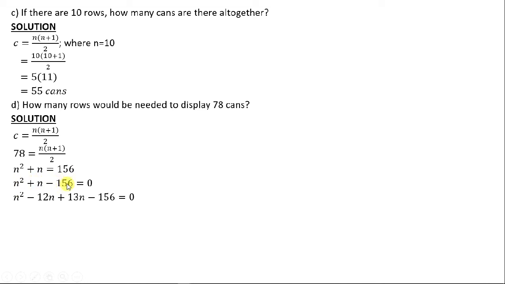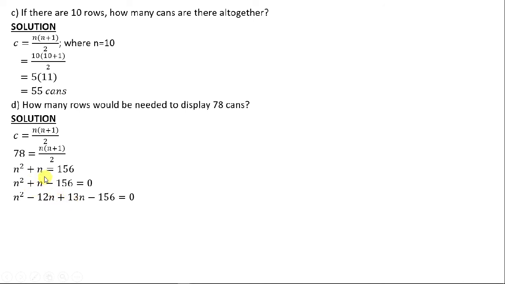And our c is that constant negative 156. So what we are supposed to do is to find two integers such that when we multiply them together, they'll give us a negative 156, but when we add them together, they'll give us a positive 1. So you find that if you multiply negative 12 times 13, it will give us a negative 156. But when you add negative 12 plus 13, you get a positive 1.